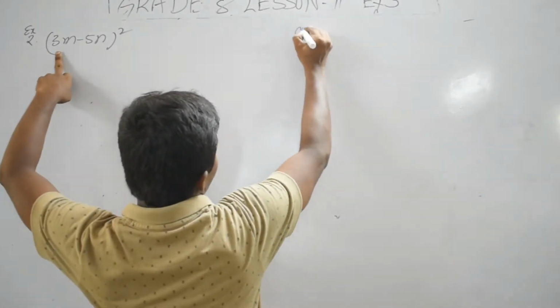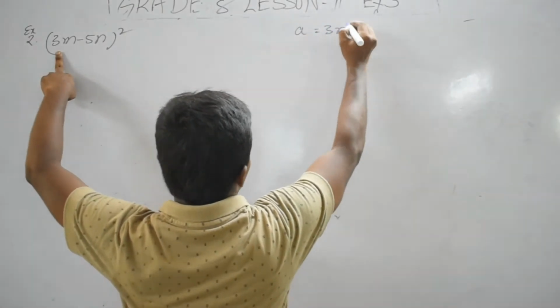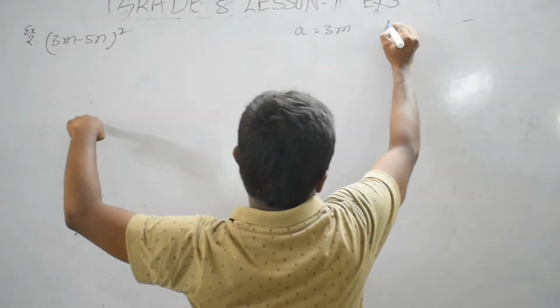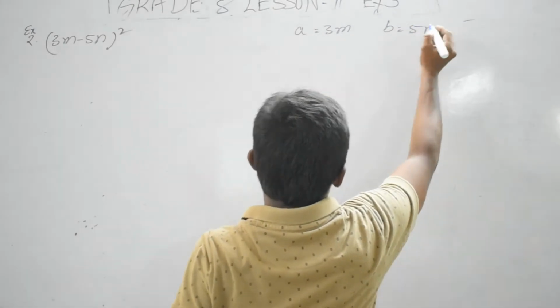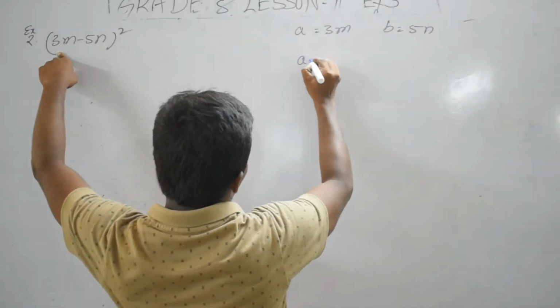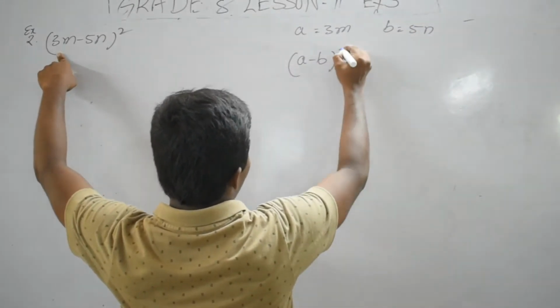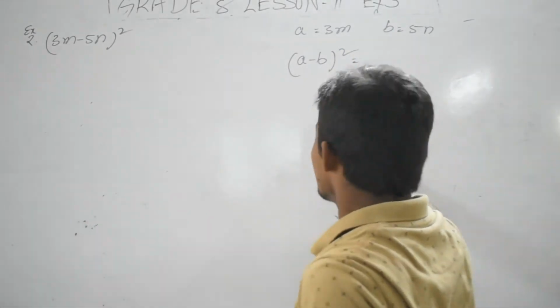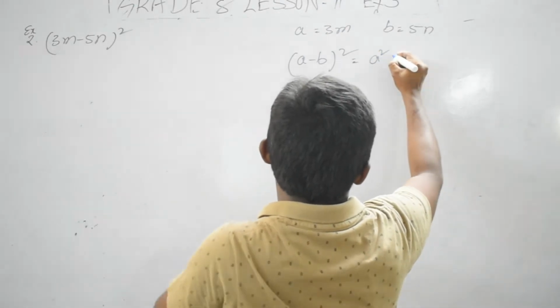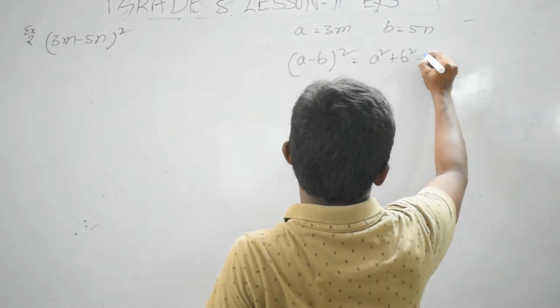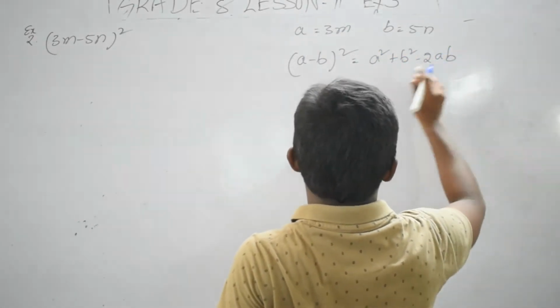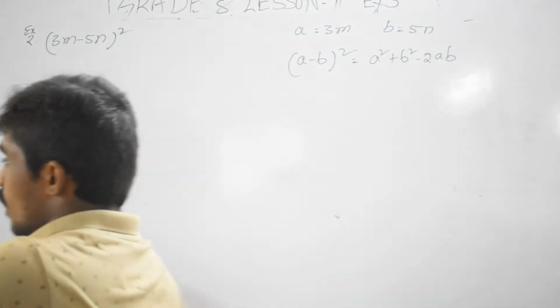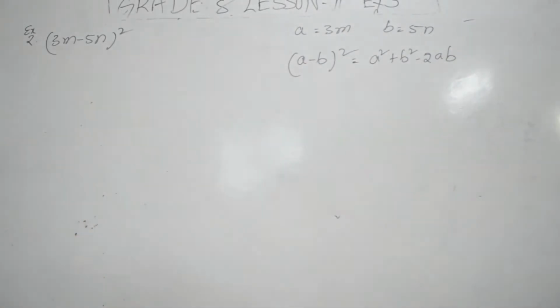Now a equal to 3m and b equal to 5n. What is the (a minus b) whole square formula? A square plus b square minus 2ab.